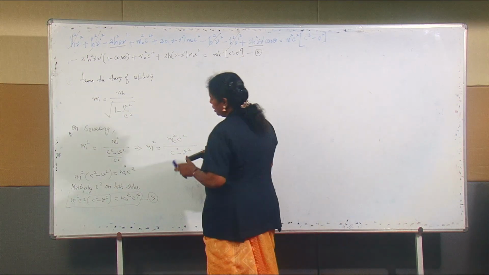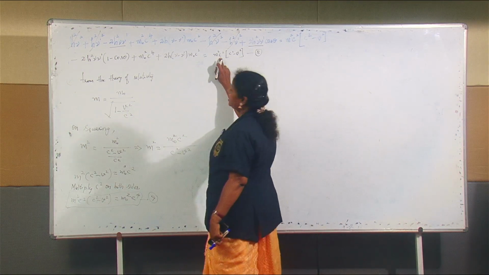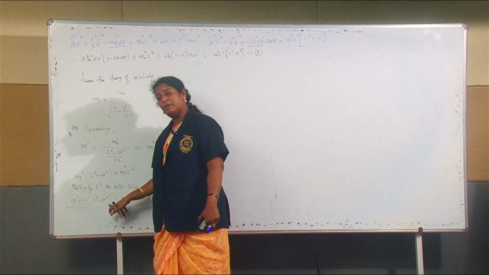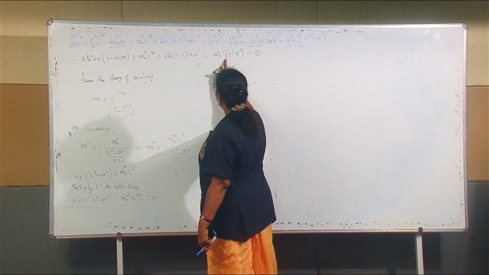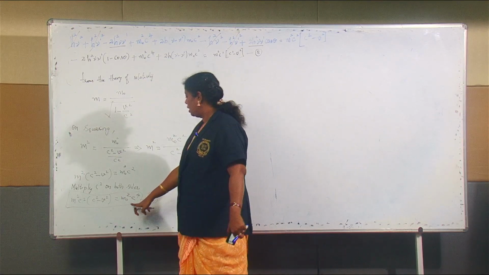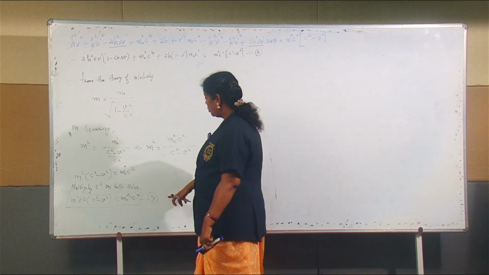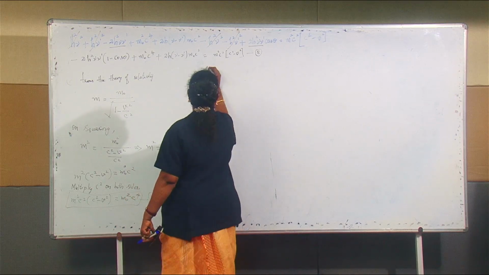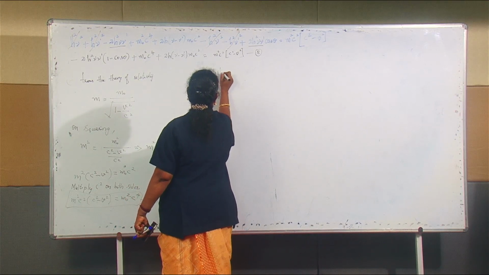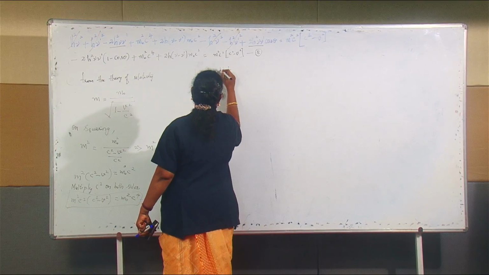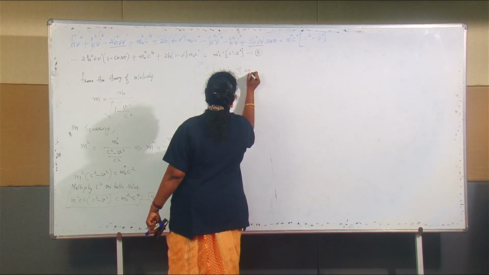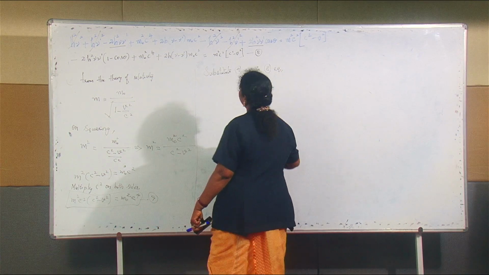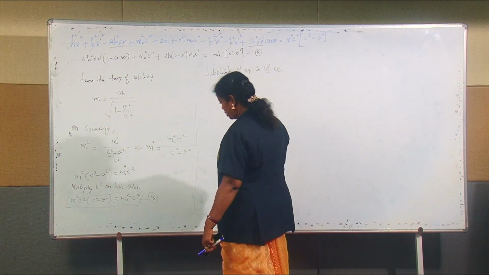Now we compare the 8th and 9th equation. Here it is m squared c squared minus v squared, and here also we get m squared c squared minus v squared. So instead of this m squared c squared minus v squared, we can substitute this m naught squared c power 4. So substituting the 9th equation in the 8th equation. What will we get?